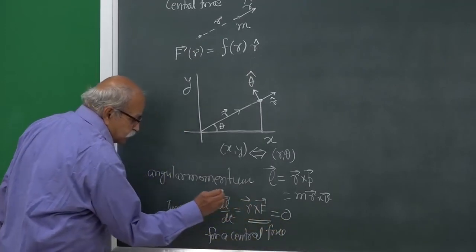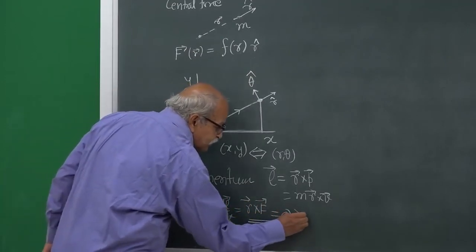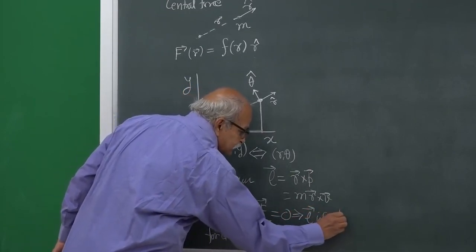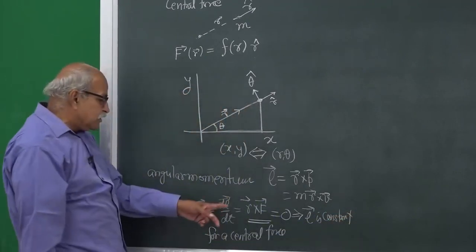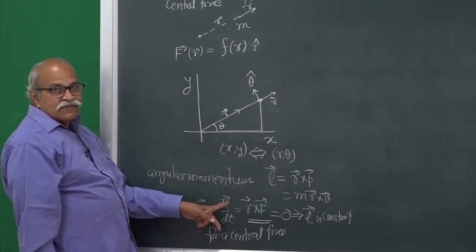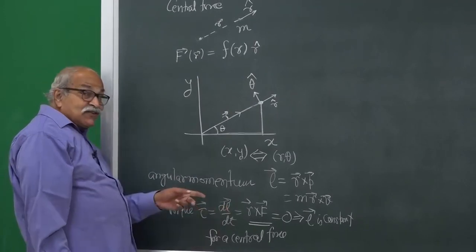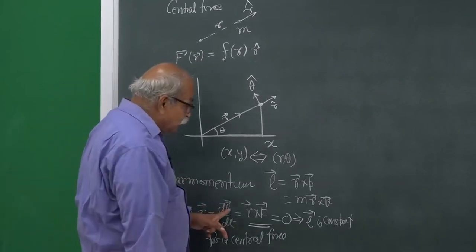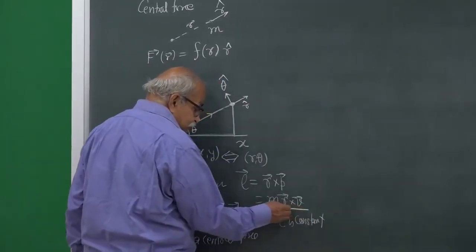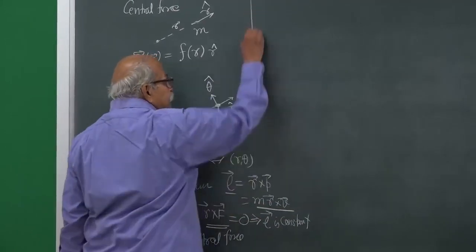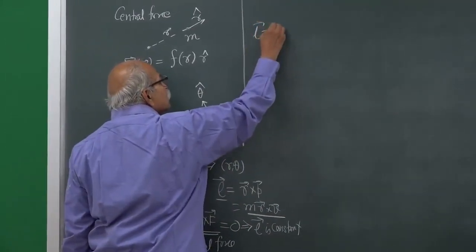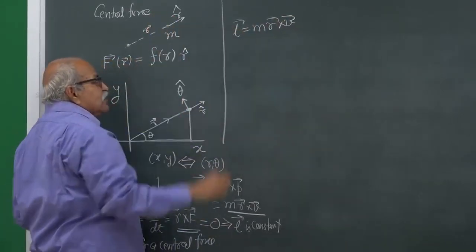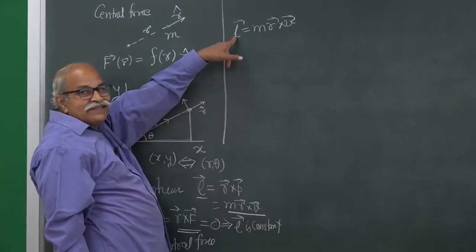And if torque is 0, that tells me that this L is constant, and remember it is d by dt of L vector. So, if that is 0, that means L vector is constant, and L vector is constant means what? L vector is equal to mass times r cross v, and this is constant in magnitude as well as in direction.